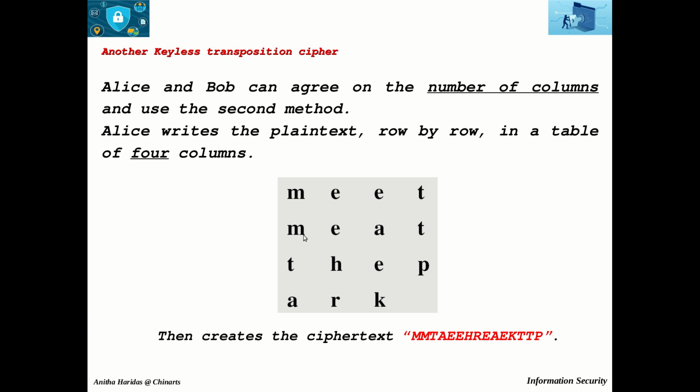Then meet me at the park. Then she will be creating the ciphertext column by column. Okay. So MEMTAEEHREAEK. So this is how we will be generating the ciphertext. So this is another method of keyless transposition cipher.